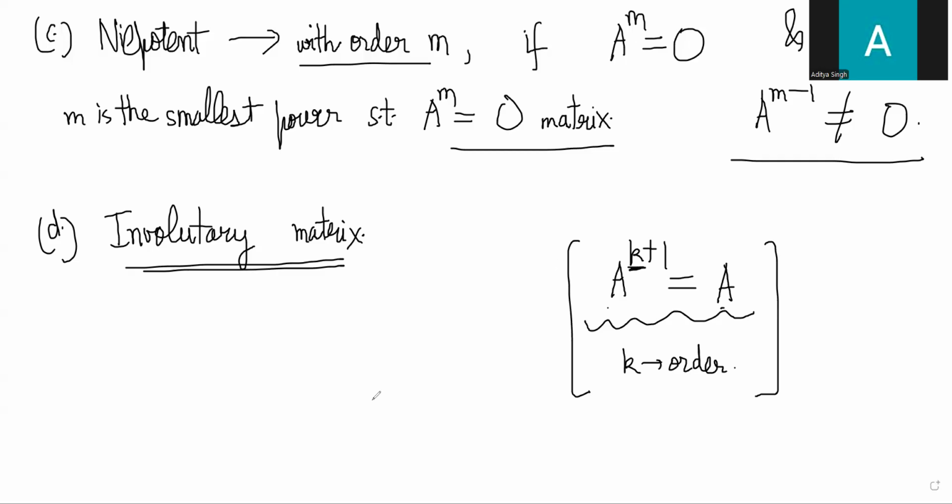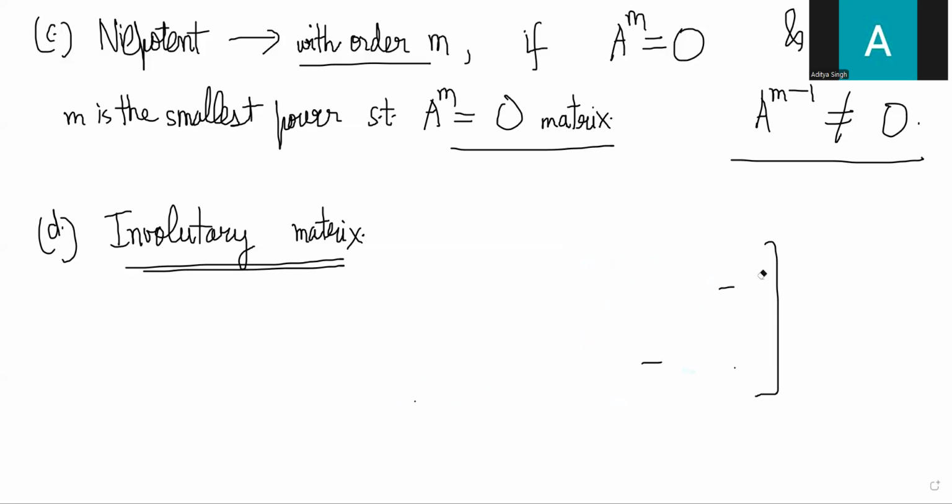Yes, sir. You can't really cancel one a, let's say, and say a power k is I, because the definition is supposed to make it periodic. Therefore, you cannot call k the order in this equation. Yes. So here, when you do nilpotent, you have to make it equal to the nil matrix, so there is no issue. That whole number is called the order, right? Yes, sir. So notice the difference and you should realize that these definitions are slightly different.